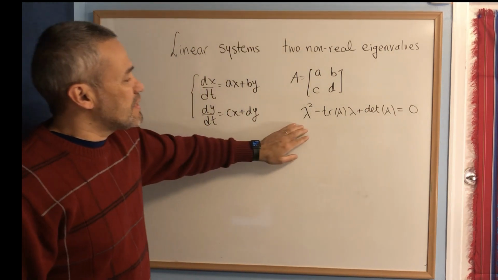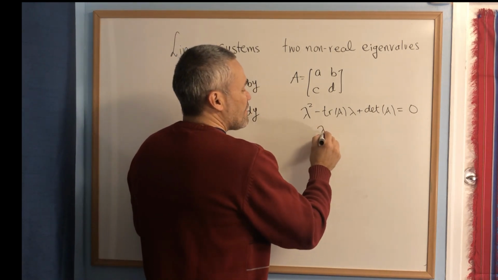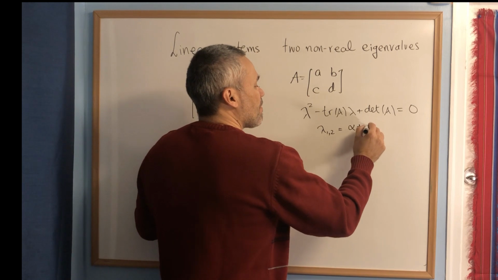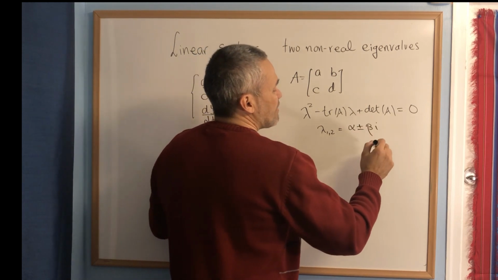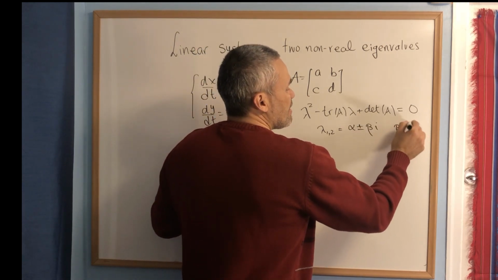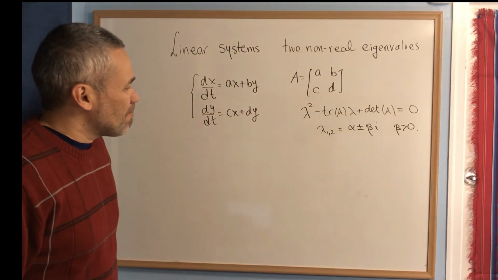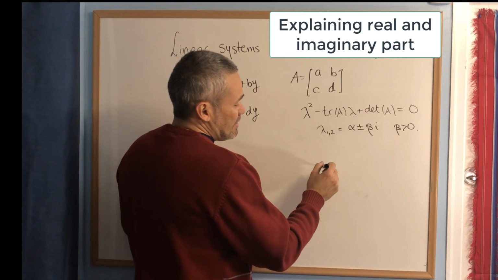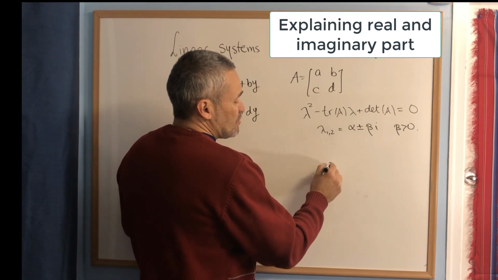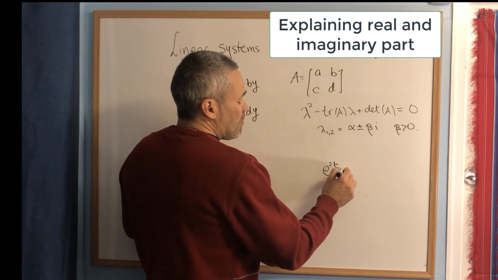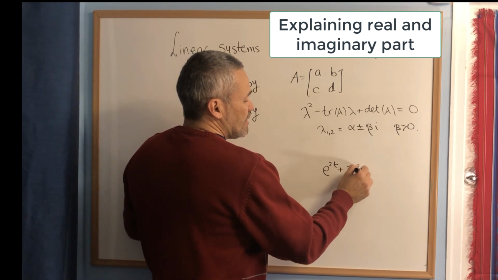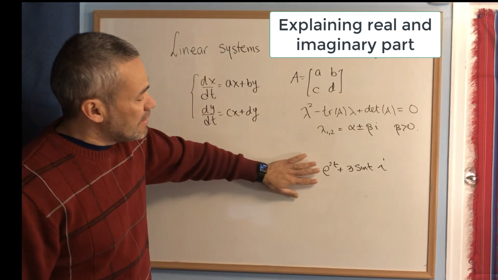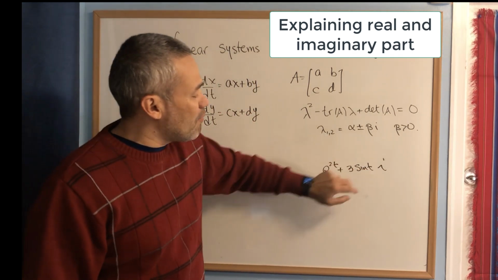And we're going to consider the case when lambda 1 and 2 are of this form: alpha plus or minus beta i, with beta bigger than 0. Then maybe before I do that, let me remind you that when you have a function like e to the 2t plus, let's say, 3 sine of t times i, then for every t we have a complex number.